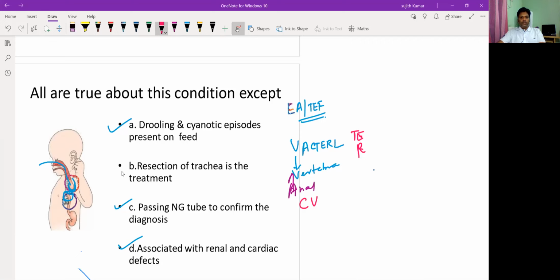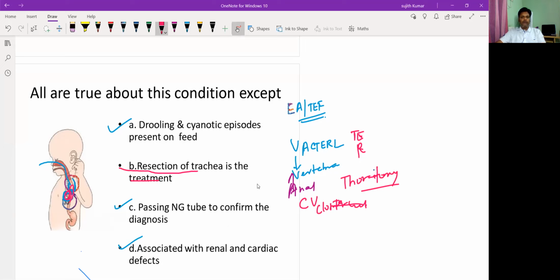And this answer, that resection of the trachea is the treatment of choice, is a wrong one. What is the ideal treatment? You do a thoracotomy. Then first you close the tracheal fistula, and then do an anastomosis of the esophagus to the esophagus.